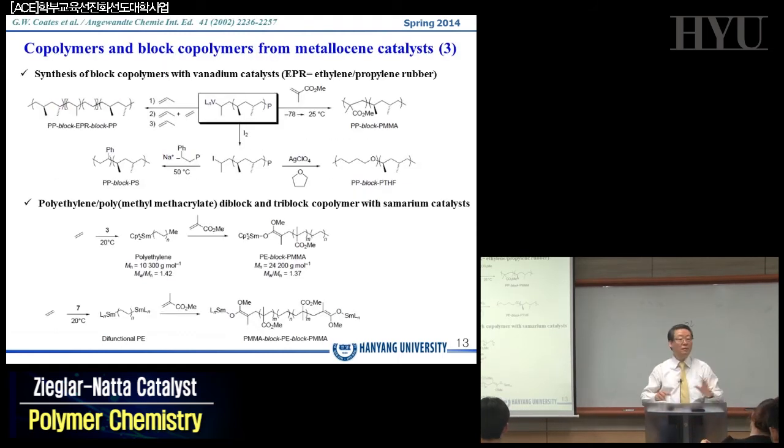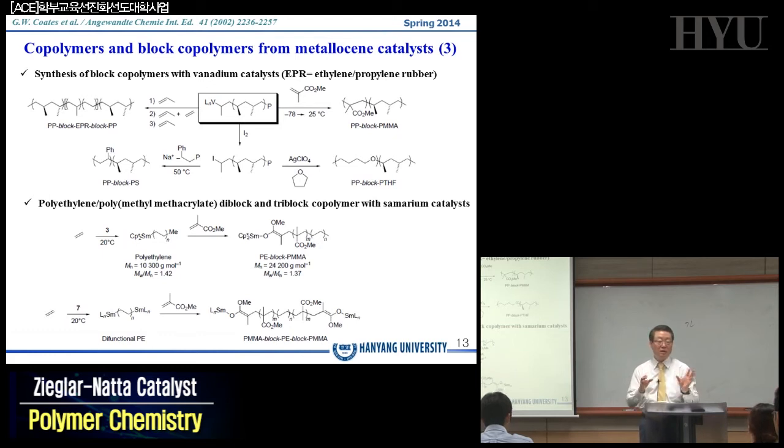So, so far I have introduced to you the catalytic systems to make polyethylene, polypropylene, and other block copolymer systems using the Ziegler-Natta catalyst and the recent development in the metallocene catalyst.